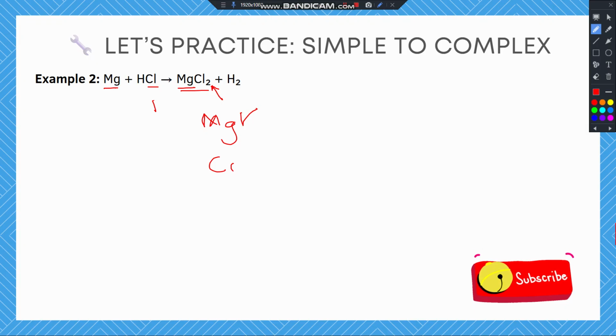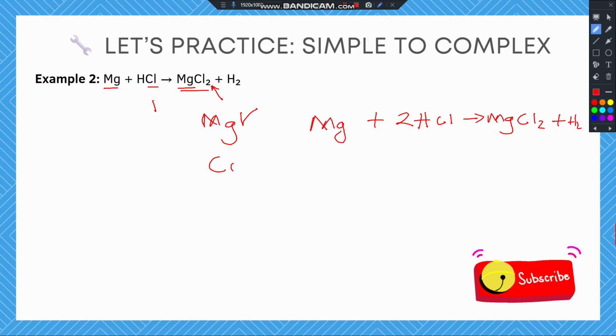So that tells us that we need to now add a coefficient of 2 in front of HCl so that chlorine can be balanced. So now that chlorine is balanced, the next thing to check is if the other elements are balanced as well. Magnesium is 1 on the left and 1 on the right. Chlorine is 2 on the left and 2 on the right. Hydrogen is 2 on the right and also 2 on the left because of this coefficient of 2.